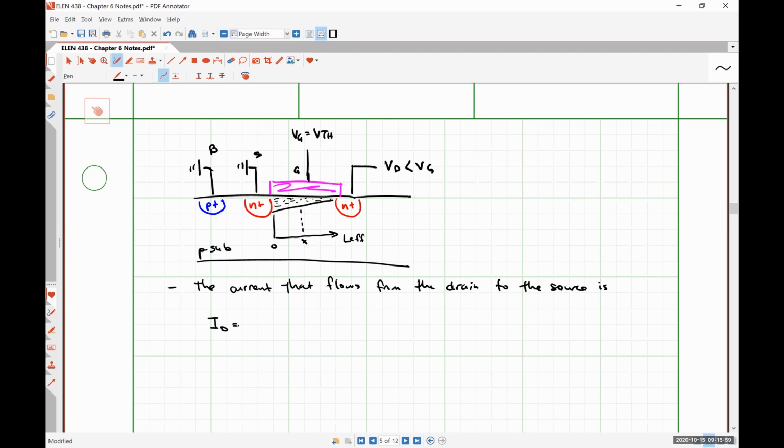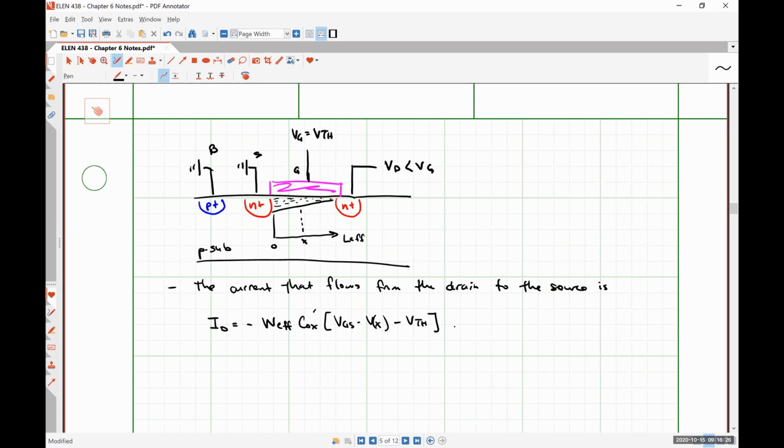I_D, our drain current, negative W effective C ox times VGS minus V(x) minus VTH.